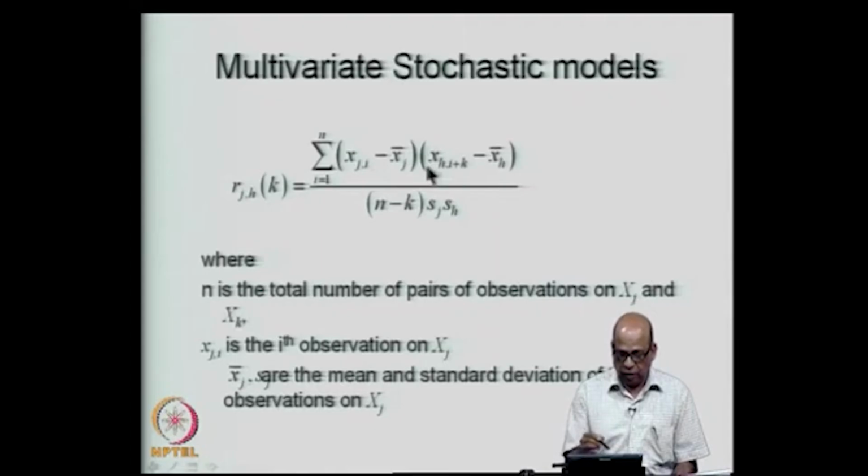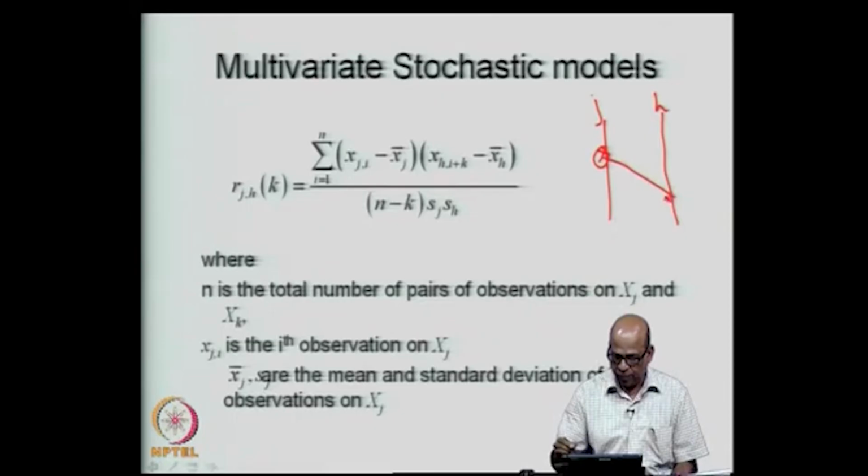Similarly, x h indicates site h, but now we reckon the time period k time steps ahead. As I showed, you have the site j here and site h here, and if you are at this location i, then h i plus k will be here, k time steps ahead.